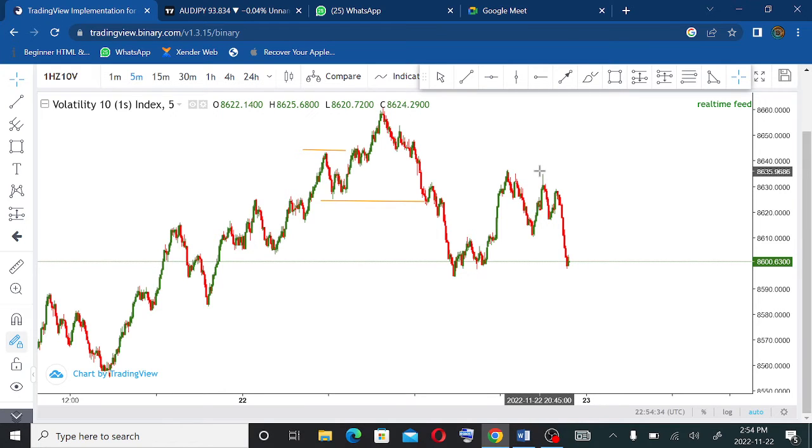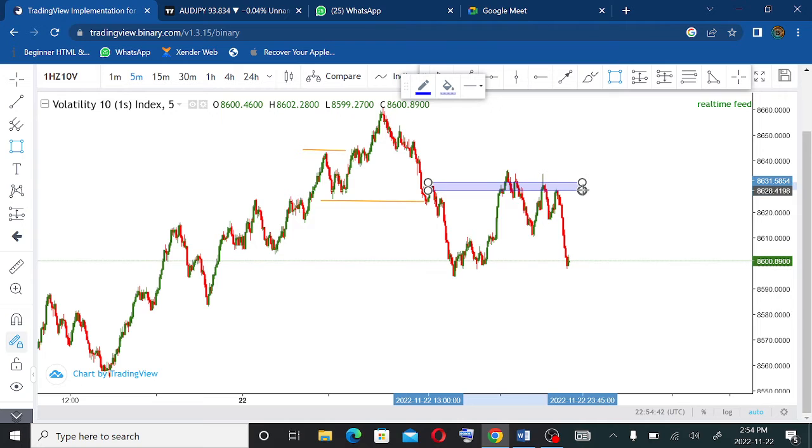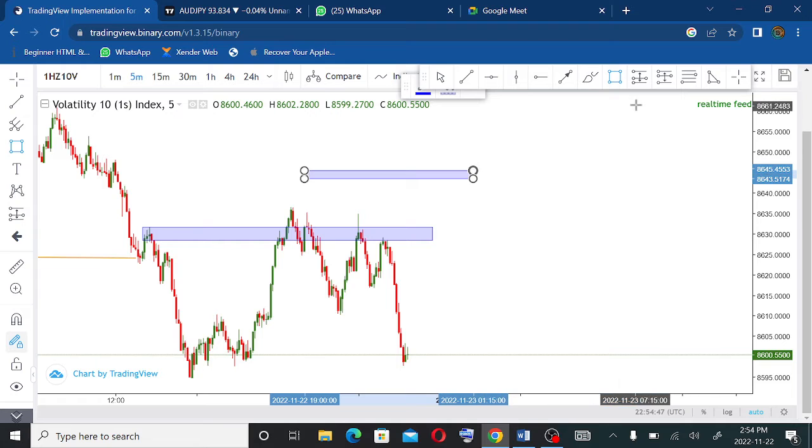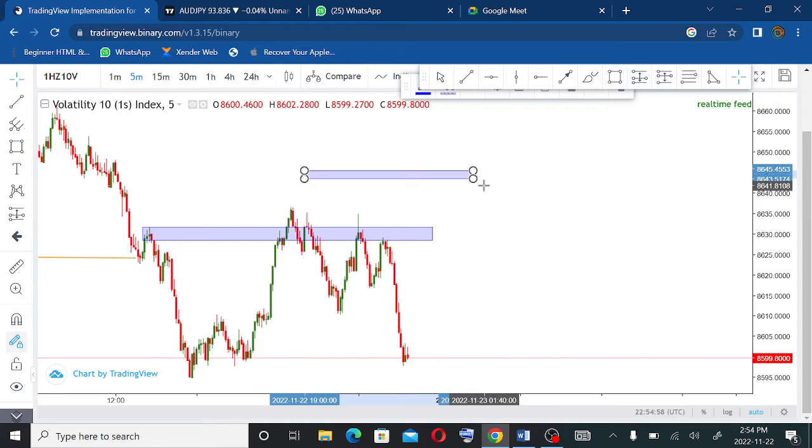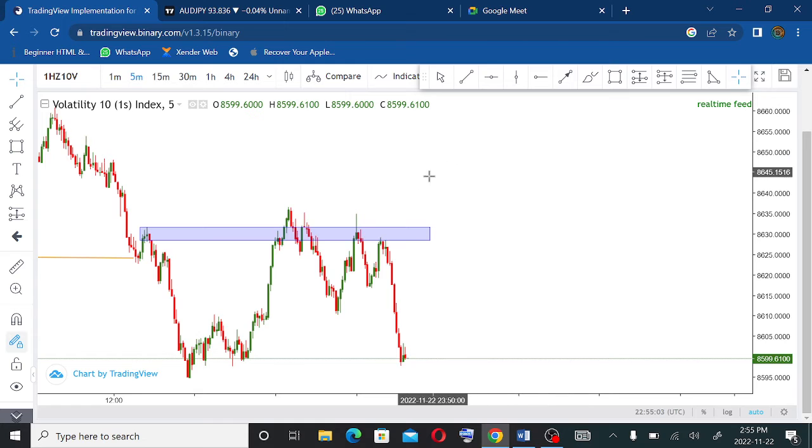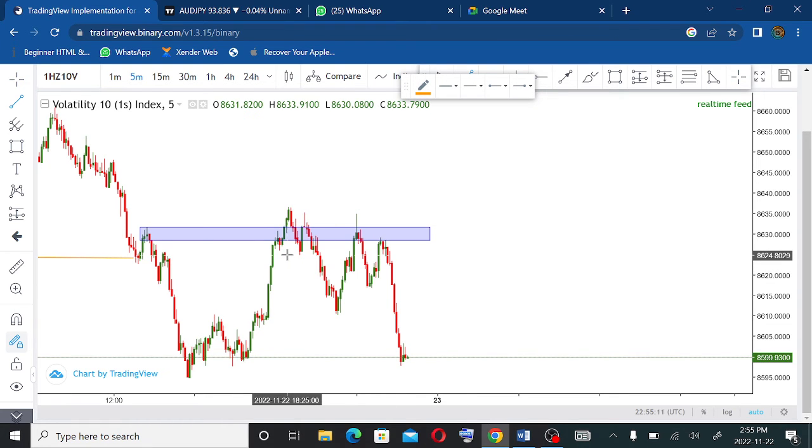But on the other hand, I could just say we have this candlestick here. You understand? I could just say we have this change in character at this point, which is an internal break of market structure here.